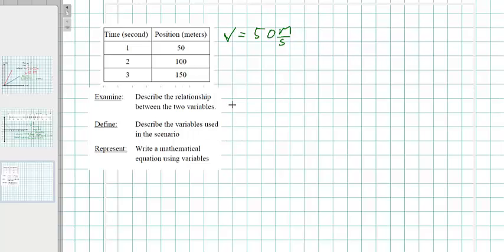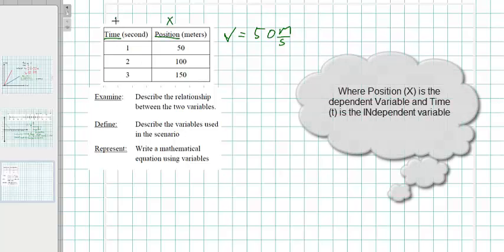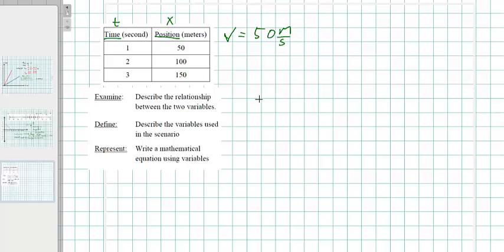Describe the variables used in the scenario. The variables in this case are position, right, x, and time, t. So if we were to write a mathematical equation using these variables, we would get, right? Our function, x of t, position as a function of time, is equal to velocity, right, times time plus x initial.